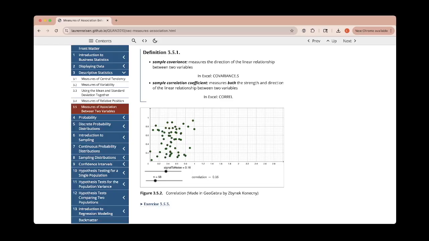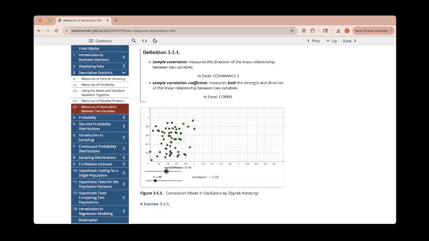It's not clear that there's a linear relationship between these two variables. And I could make this look even more like there's not really a relationship between them. In this situation, the sample correlation coefficient is given on the bottom of this image. Here it says it's about 0.06.